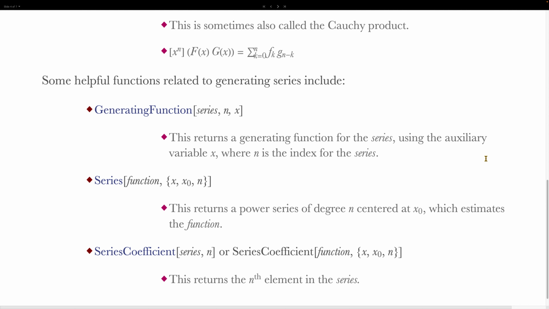Finally, we have SeriesCoefficient of series, n, or SeriesCoefficient of a function, x sub 0, and n, which returns the coefficient of the nth element in the series.